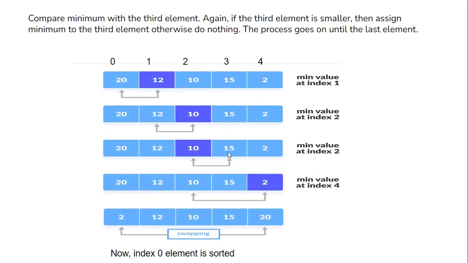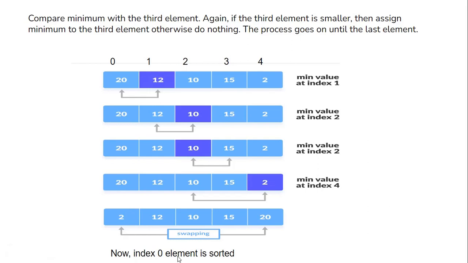Compare index 2 and index 3. Now the minimum value is at index 2. Compare index 2 and index 4 value. Now the minimum value is at index 4. So swap the minimum value at index 4 with the value at index 0.